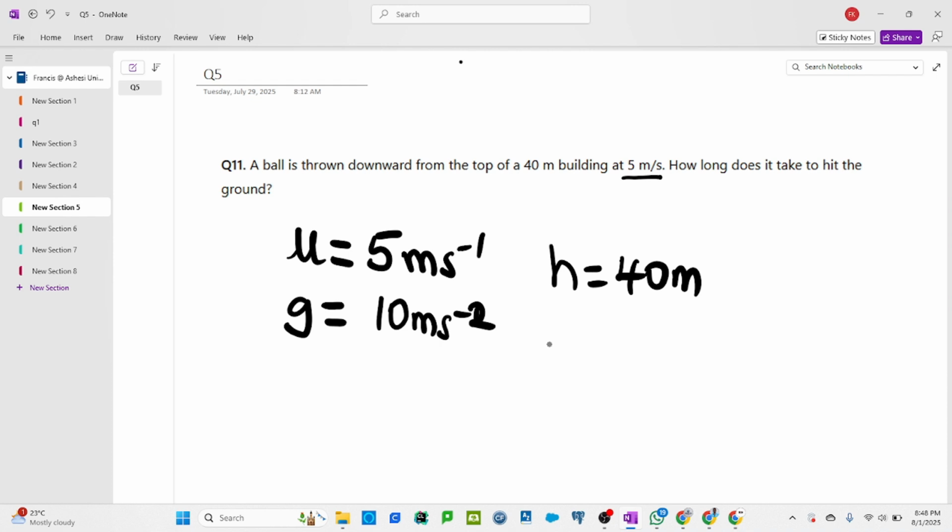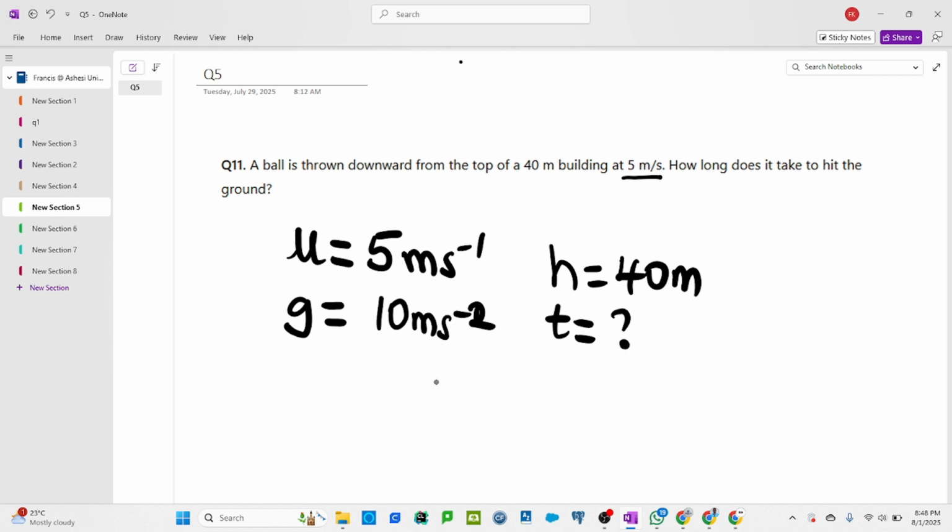You have been given the height already, so they cannot be asking for height that they have given us already. I said, how long does it take? Okay, so now they are looking for the time. Sometimes it confuses. How long? You may think of distance, but it's actually time. How long will it take? So basically, they are looking for time.